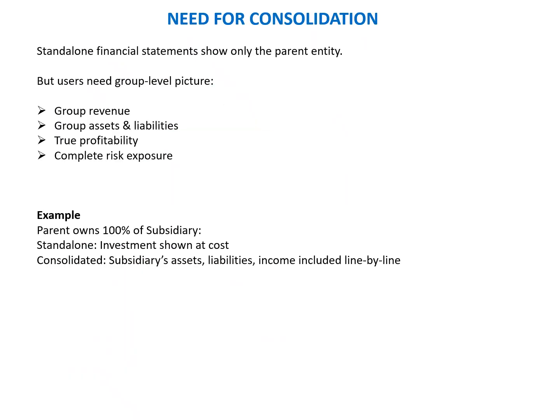Okay, now when we talk about consolidation, in the previous slide we understood that the objective is to make sure that whenever the concept of control has been established, then the entity has to prepare the consolidation on the basis of the procedure prescribed under Ind AS 110. So, what is the need for consolidation? The standalone financial statements show only the parent entity, but users need the group level picture, so that they can interpret the group revenue, the group assets and liabilities, the true profitability, and the complete risk exposure.